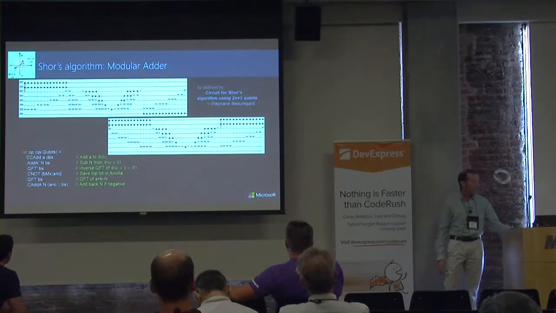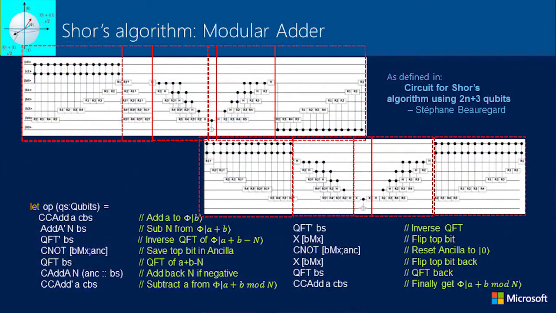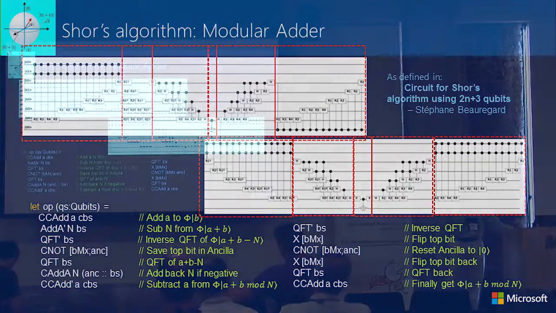So now we have to go all the way back through where we take the number back out, we un-FFT it, we clear the top bit if it happened to be set, put it back, put the add back, and now we're done. And now this circuit runs all the way forward, all the way backward. Now, no, this is assembly level we're talking about. This is not how people are going to write this in the end. But I wanted to give you an idea of what's going on underneath to make this sort of thing operational.